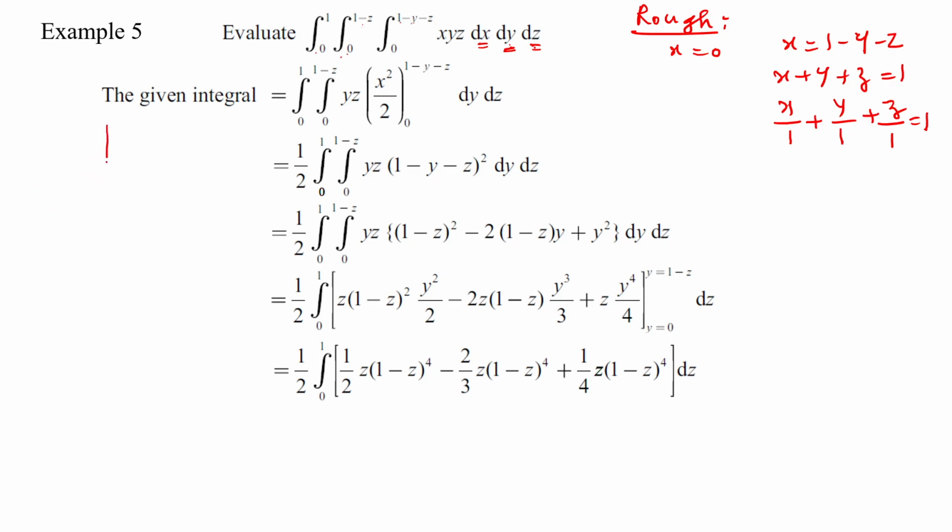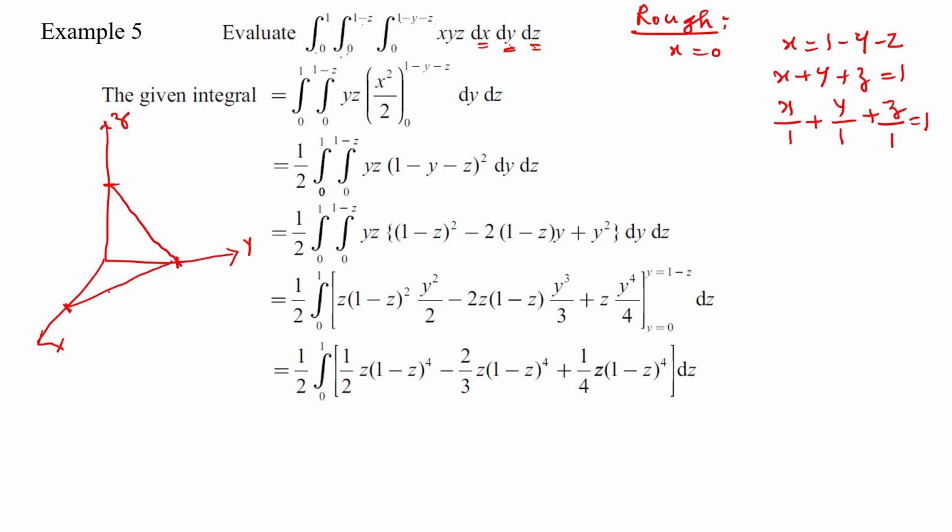Okay, that means you can draw the diagram here. It is the x-axis, the y-axis, the z-axis. Take the intercepts equally on x, y, z, and then we can join the points.